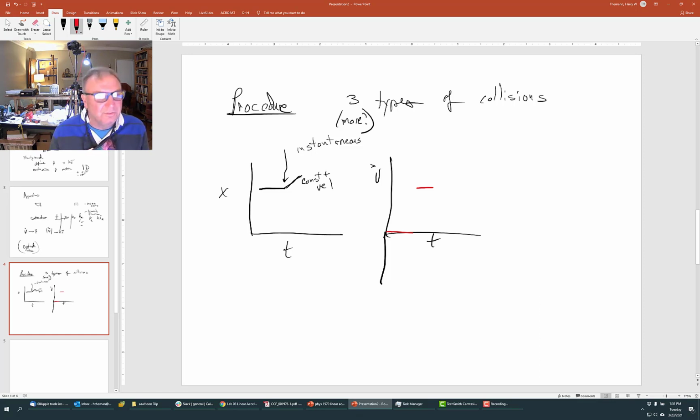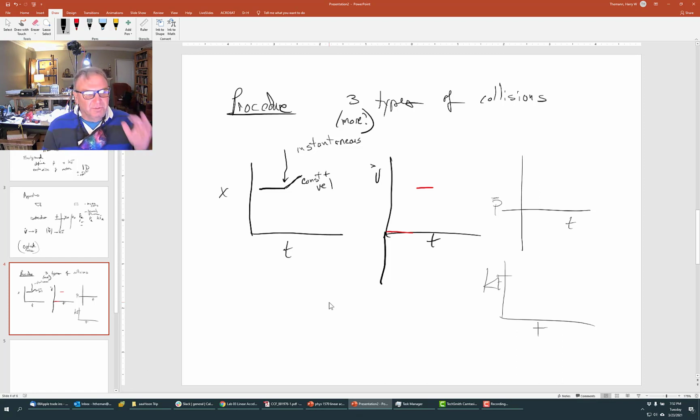And then that allows us to produce graphs of momentum and KE for the 2 carts. And I would suggest maybe you produce a sum. Since we don't know about conservation of momentum yet and conservation of kinetic energy, you're producing all these graphs and you're studying the kinetic energy and the momentum.